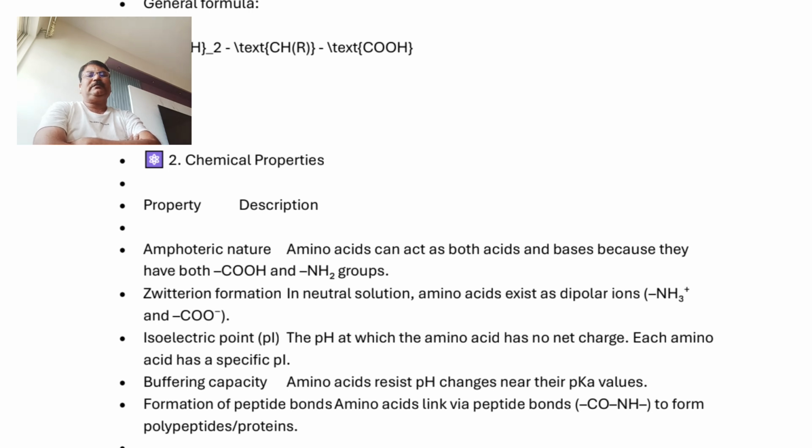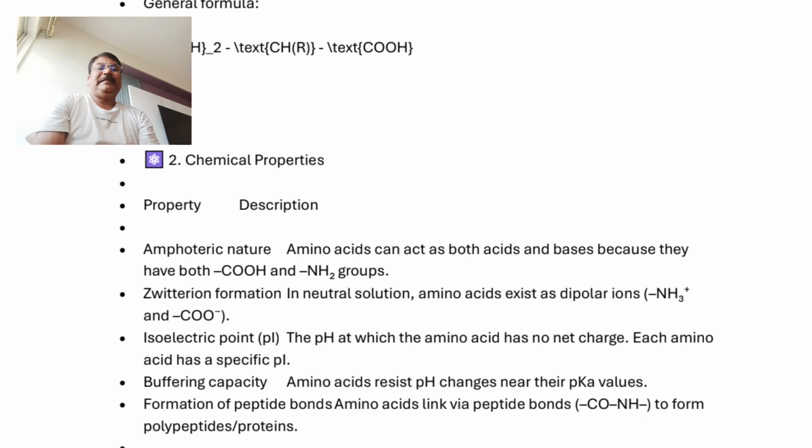As amino acid contains both groups, NH2 group acting as a base and COOH group acting as acid, it shows reactions of acid as well as reactions of base, and hence such a nature, showing both acid and base properties in the same structure, is known as amphoteric. This is the first thing.